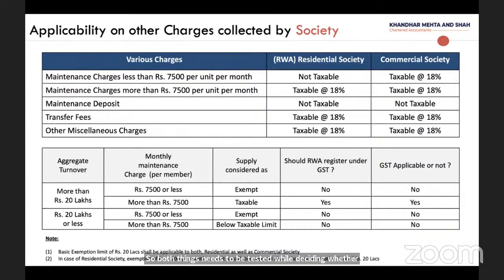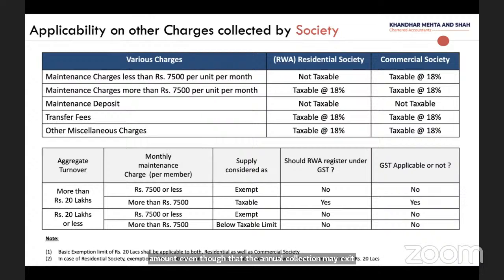Similarly, the 20 lakhs basic limit will be applicable, coupled with that exemption limit of 7,500. So even though my limit exceeds 20 lakhs, if the maintenance charge collected per unit per month remains below 7,500, then I need not pay GST on any amount, even though the annual collection may exceed 20 lakhs.